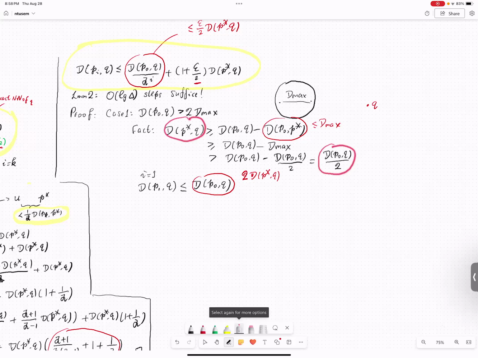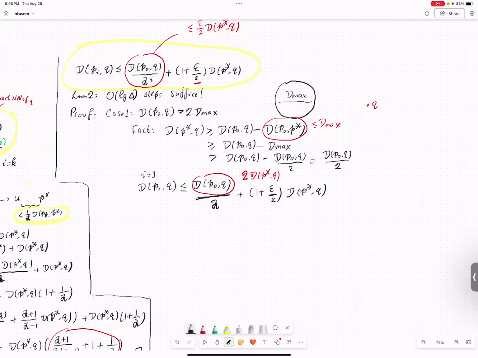Let me write down the inequality first: it is d(P star, Q) times the quantity 2 over alpha plus 1 plus epsilon over 2.